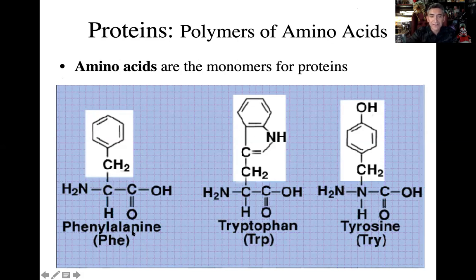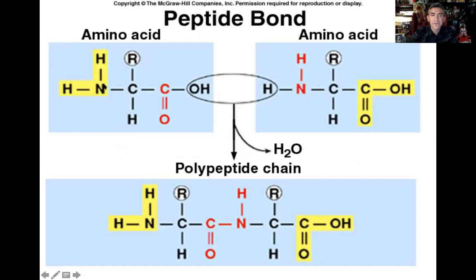So phenylalanine is different than tryptophan, is different than tyrosine because of what's in this little white rectangle there. So this is a unique composition for that particular amino acid, but we know that each amino acid will have an amino group in yellow here and a carboxyl group here.